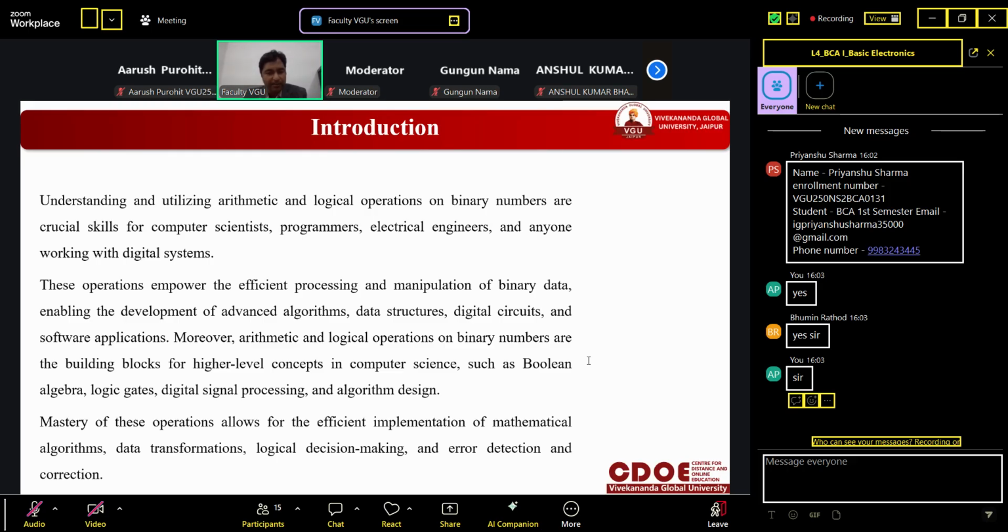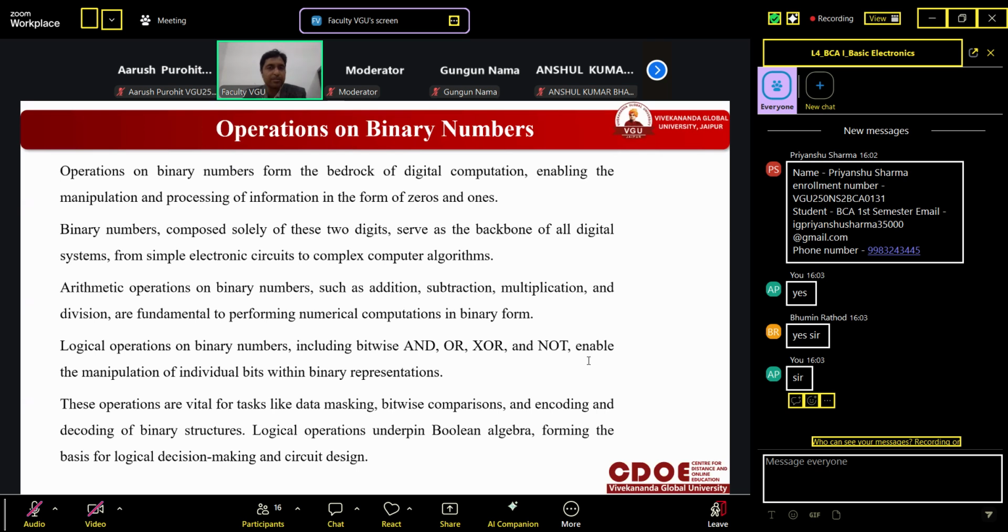But we have studied binary numbers, so we have to do binary addition, binary subtraction, binary multiplication, binary division. We have to understand all these in binary form only, which means the numbers will be given in 0 and 1. Similarly, in case of AND operation or any logical operation, all the numbers will be in 0 and 1 form.